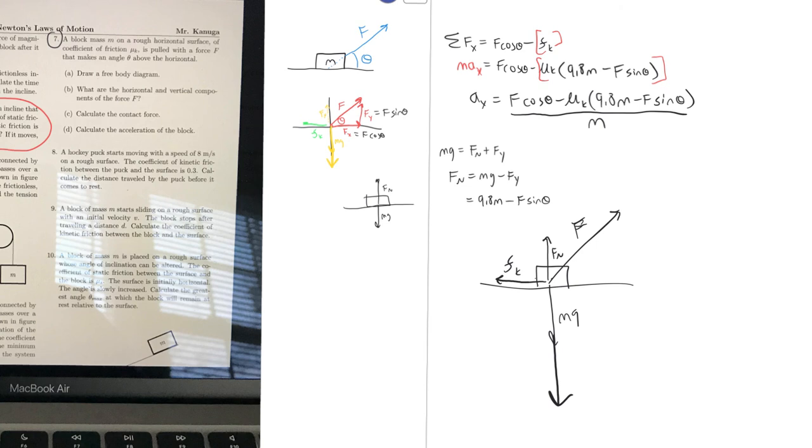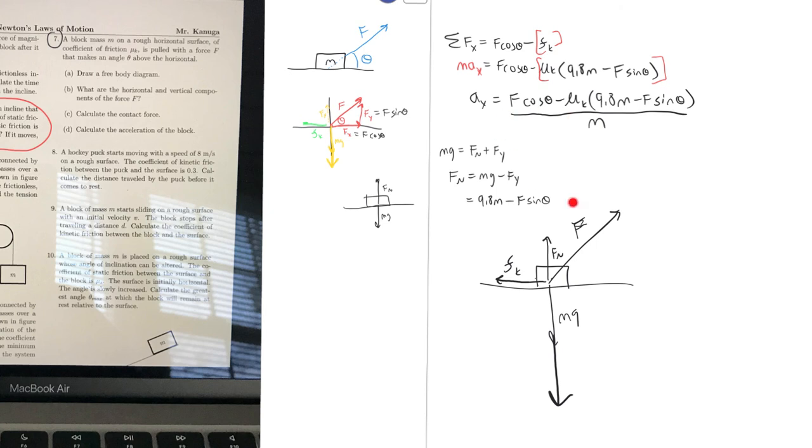Sometimes you can get that information from looking at their notes, like whether or not you need to mention the units at the end. If you're given the acceleration, do you really need to say meters per second squared, etc.? So I'm going to leave it up to you to know those details.